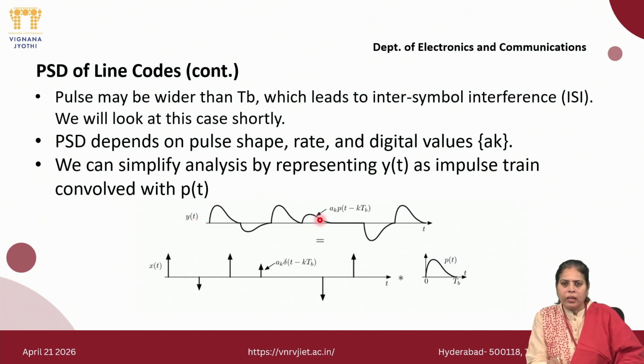So this is my signal that I am transmitting, which is represented as a_k p of (t minus k T_b). This one is coming from wherever I am transmitting my digital values; I am representing that with an impulse, and because on the line you are supposed to transmit using a pulse shape p of t, it can be assumed to be a convolution operation between these two signals.